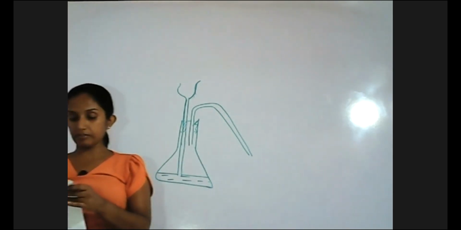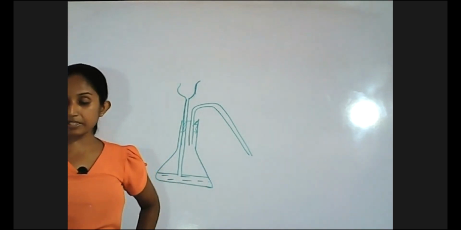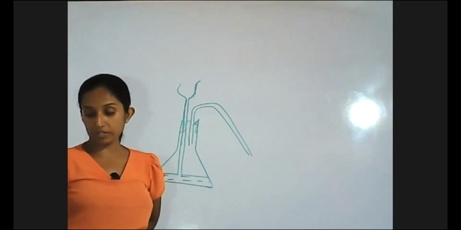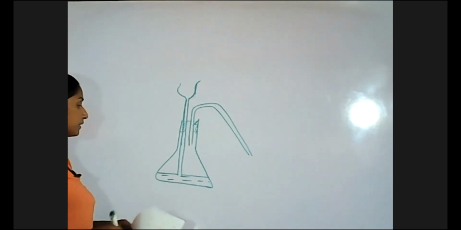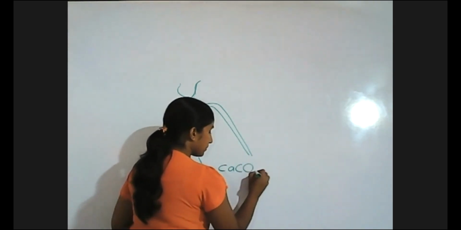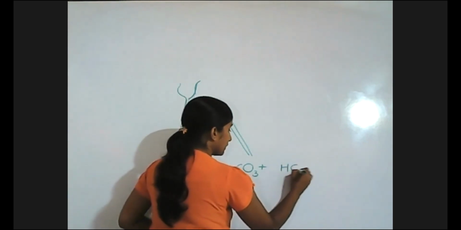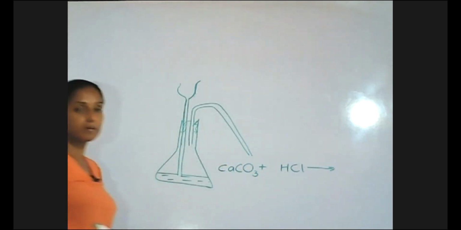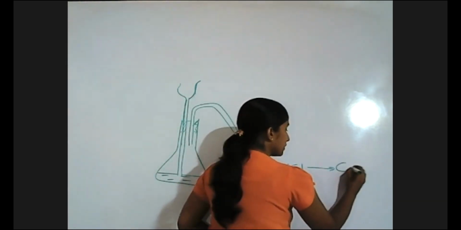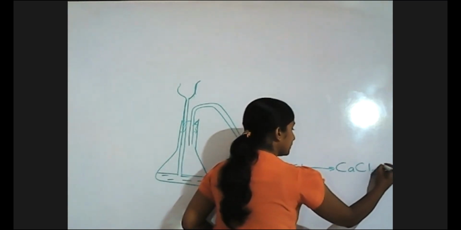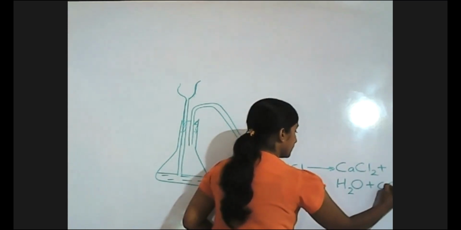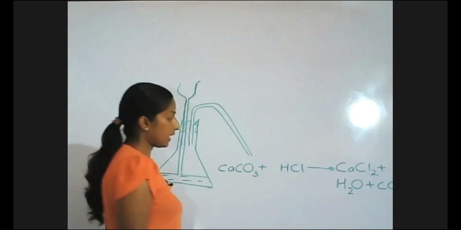What is the third one? Write the balanced chemical equation indicating the reaction between calcium carbonate and hydrochloric acid. You have to write the equation. Calcium carbonate plus HCl forms calcium chloride, water, and carbon dioxide gas.